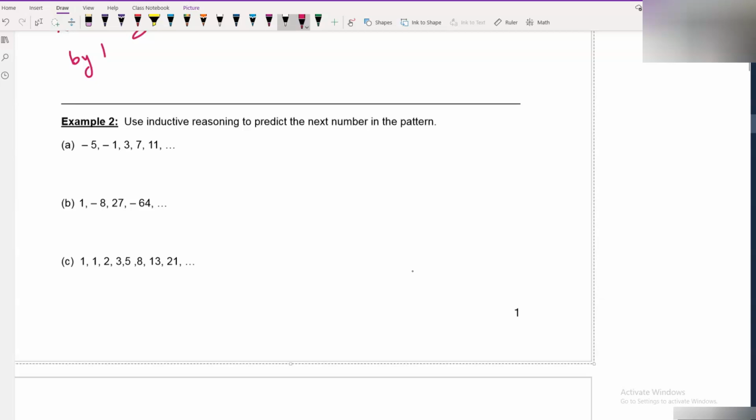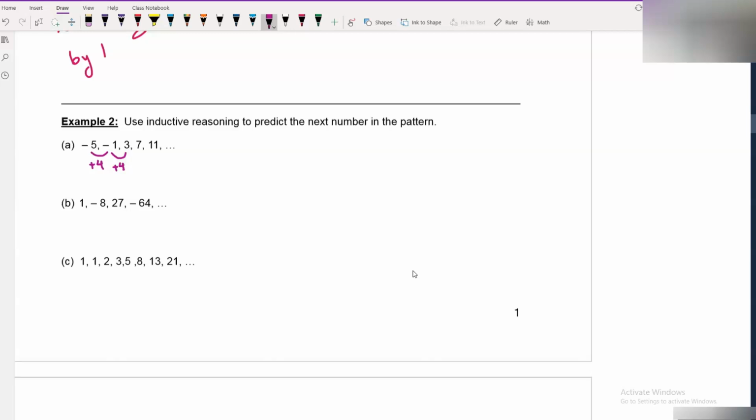But in this case, I see that I have -5. If I add 4, so -5 plus 4 is -1. Let's try this one again and see if we are going to have 3 using this method. -1 plus 4 is 3.